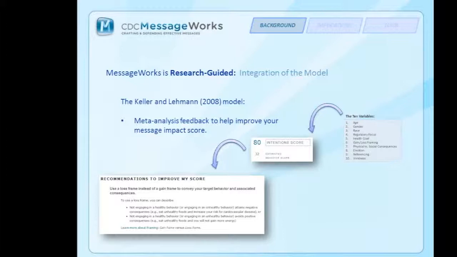You can see at the very bottom of your screen in blue it says learn more about framing, and I've tried to do my best to briefly represent the literature in these different fields on how that framing is defined and some of the studies on framing. And we also have other additional tutorials that include flashcards and videos. So I hope you will find those useful.